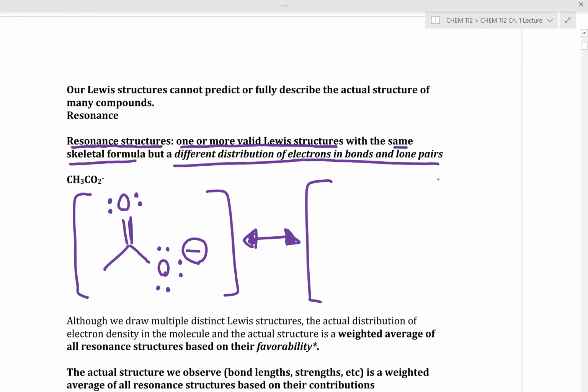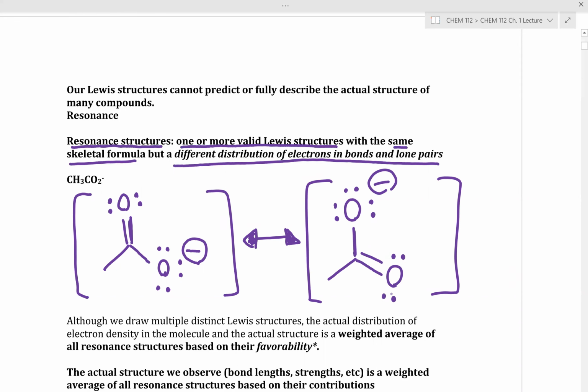Now, to show you an example of a resonance structure for acetate, instead of having the double bond between the topmost carbon-oxygen bond, we're going to have a double bond with the bottommost carbon-oxygen bond. So we have the same skeletal arrangement, correct?